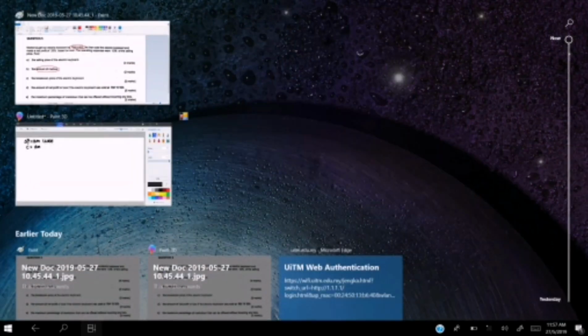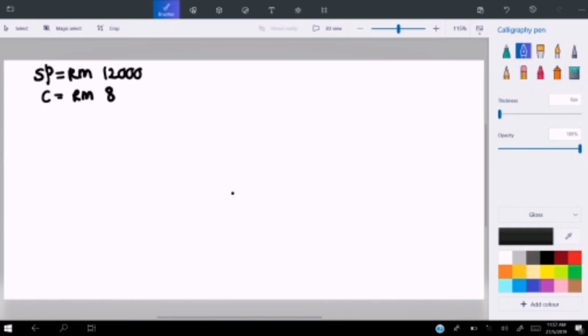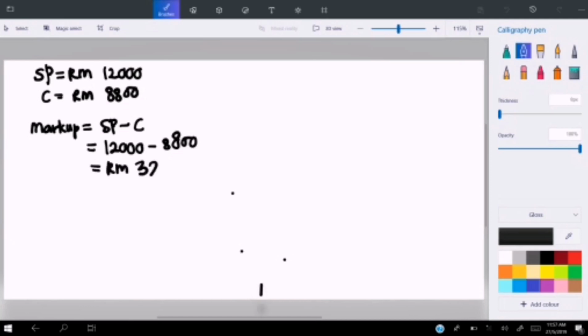So of course the markup is just simply the selling price minus the cost. So as the selling price is 12,000, we insert all the values, and the cost is 8,800. Okay, and then you press your calculator, so you'll get RM 3,200 as the markup.